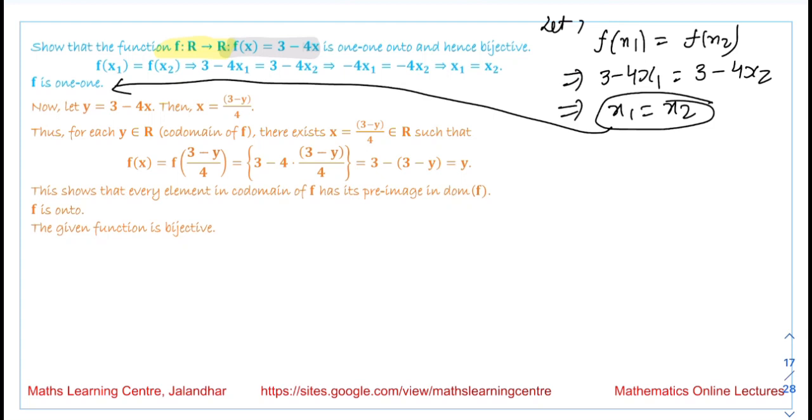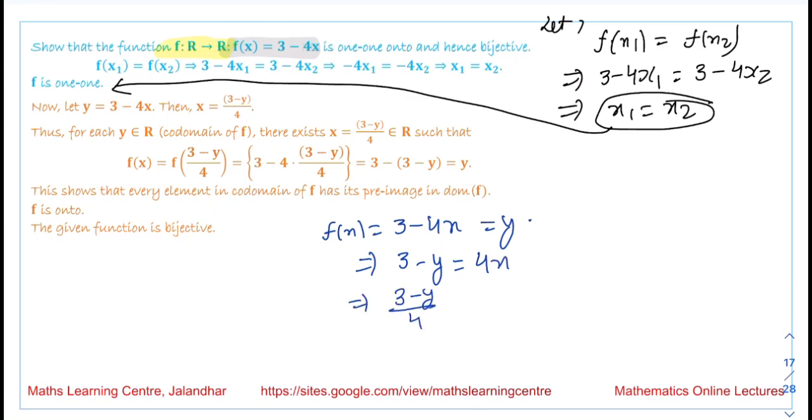Now next, for this function f(x) equal to 3 minus 4x, if we write it equal to y, this implies that 3 minus y is equal to 4x, and this implies that (3 minus y) over 4 is equal to x, and suppose this is equal to g of y.